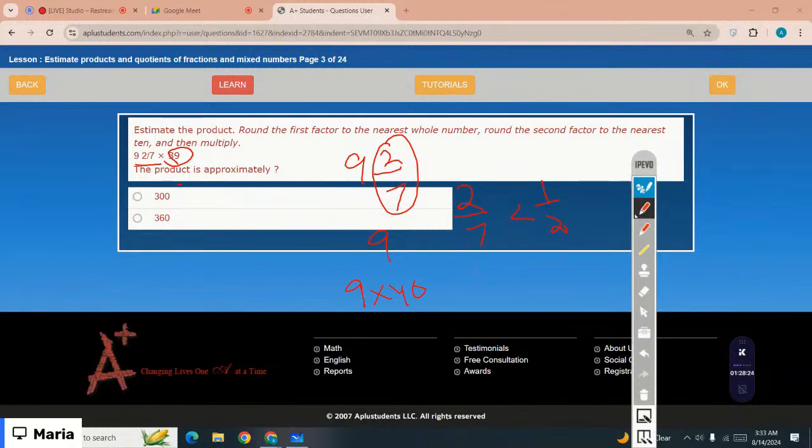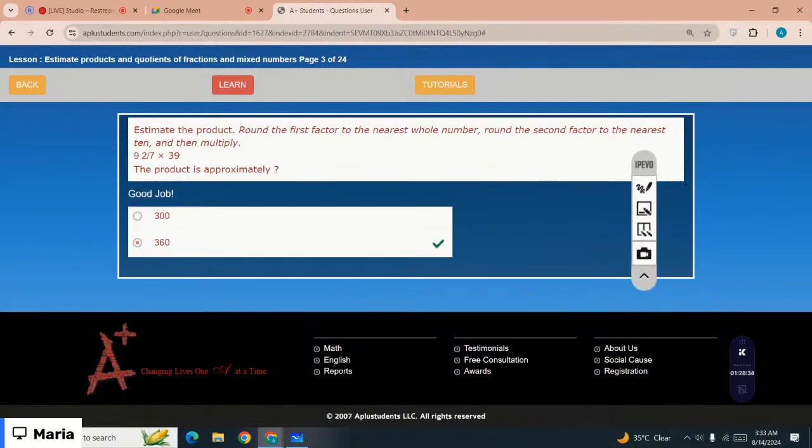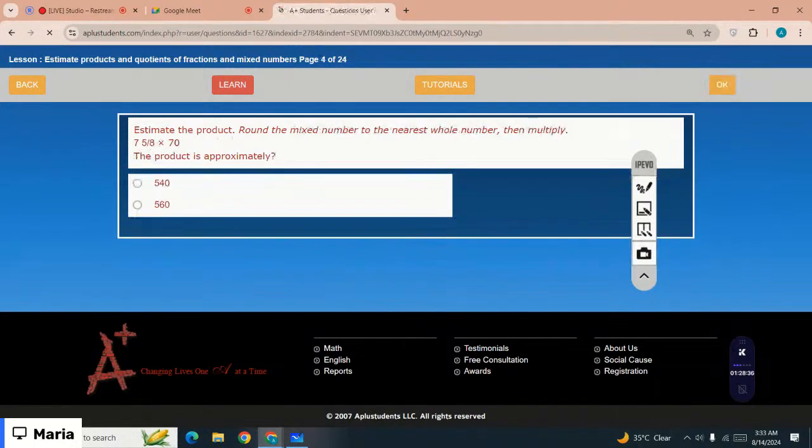The correct option is 360. Option number 2 is the correct option. Okay, the next one is estimate the product, round the mixed number to the nearest whole number and then multiply.